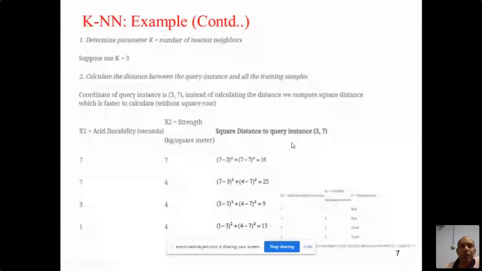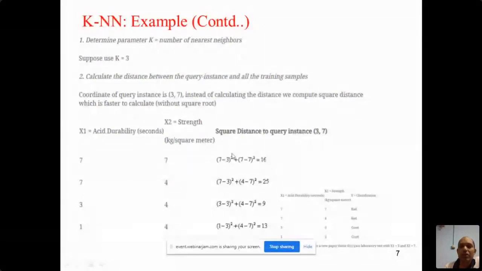So here you can see 7 minus 3, this is x1, and then 7 minus 7 squared. So it is 16. I have not taken the square root, but you just see the distance. In the Euclidean distance, you have to take the square root, but I have not taken it here.